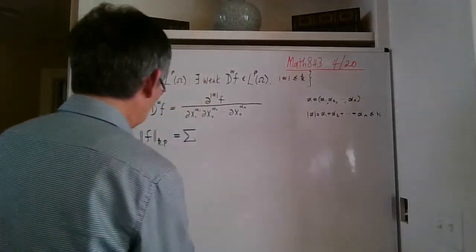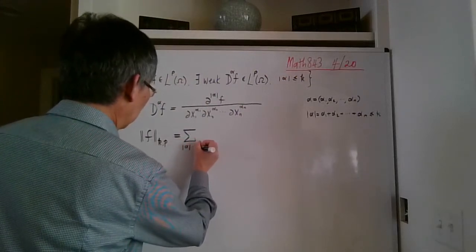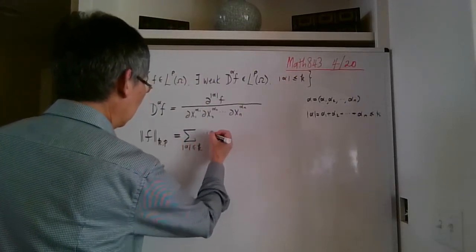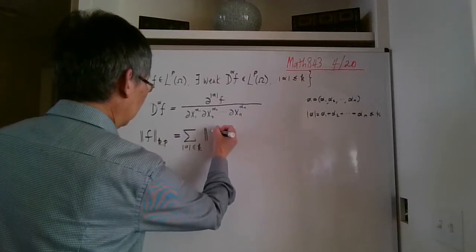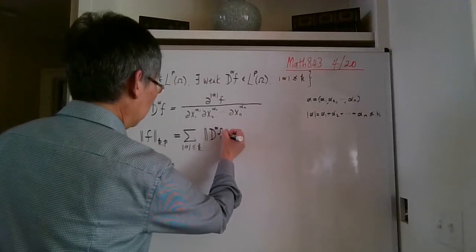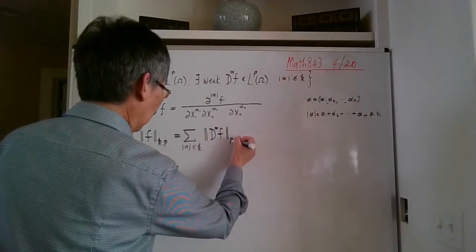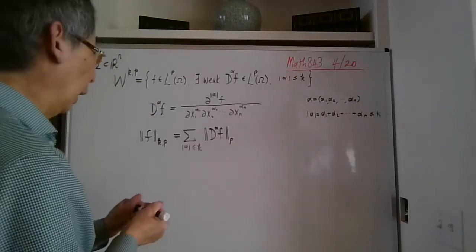So you have to do it this way, with alpha less than or equal to k, and then you have the L^p norm of D^alpha f to the p-th power.